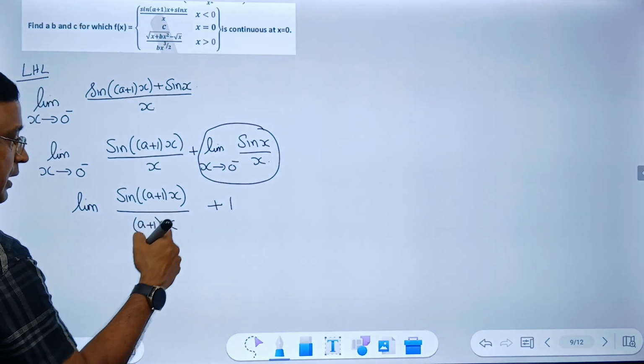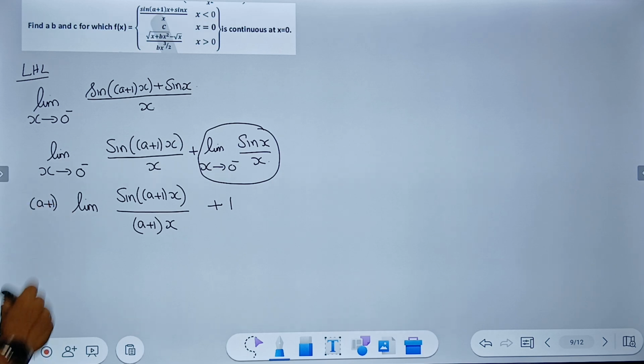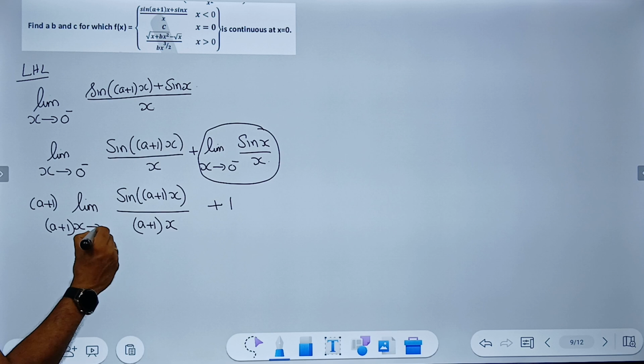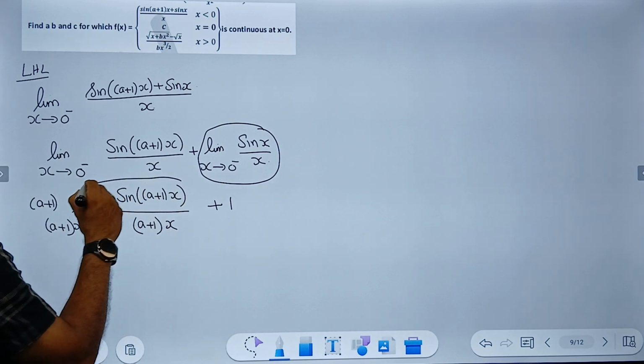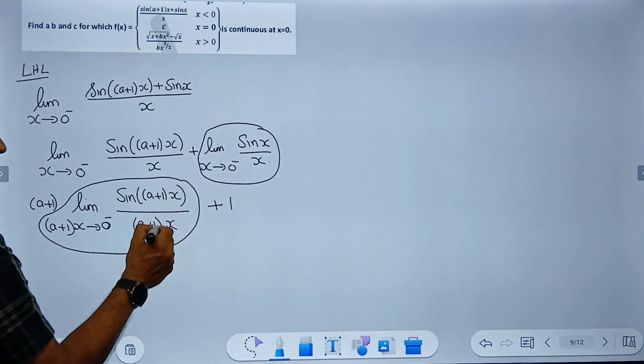So I multiply and divide by a plus 1, correct? I multiply numerator by a plus 1 and denominator by a plus 1. And in the limit, I multiply both sides by x. 0 into a plus 1 will be 0. This satisfies the condition of the limit, sine theta by theta.